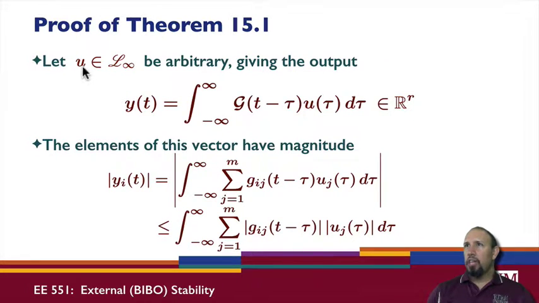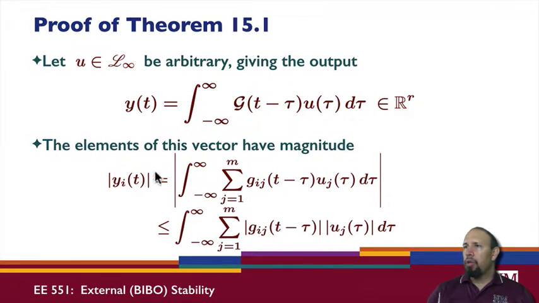So first, let u be in L infinity. That is, it's bounded, but it's an arbitrary element of L infinity. And so we have this output given by this expression, and y of t exists in r-dimensional space. The elements of this vector have a magnitude. So if I look at the individual elements, I can break this up.